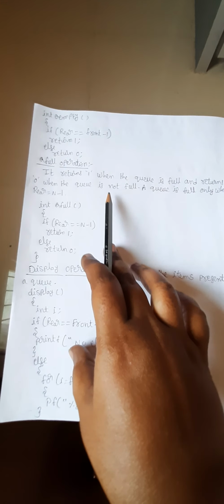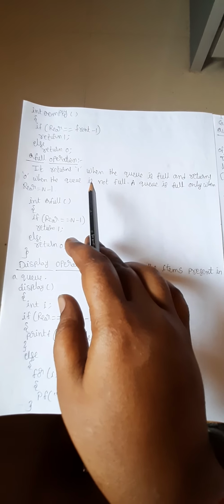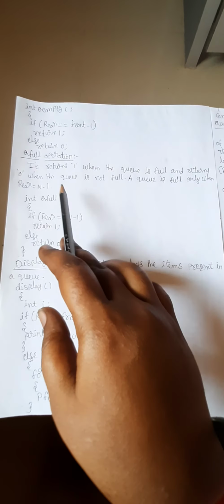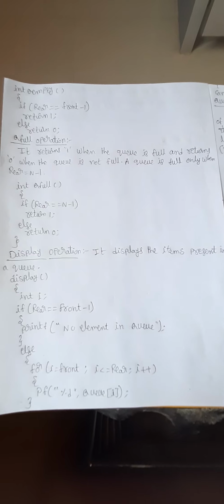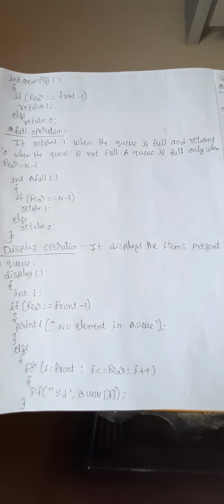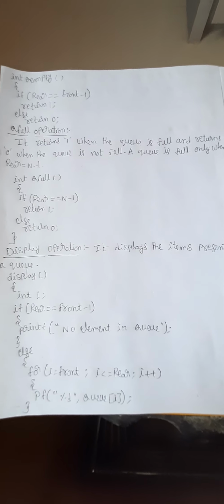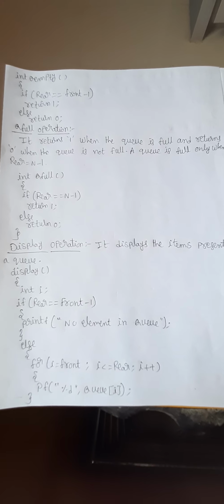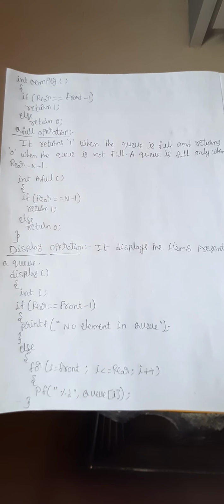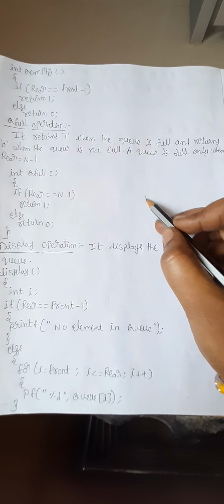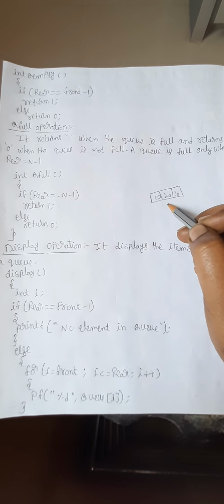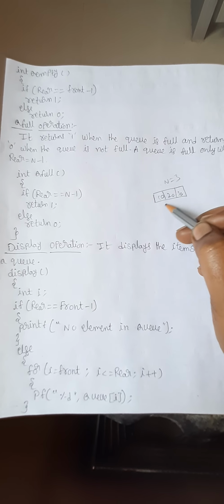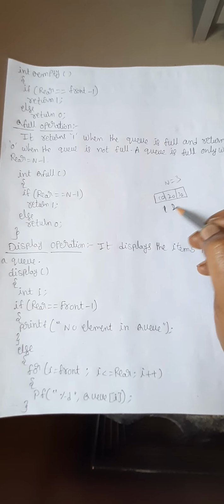And the q full operation returns 1 when the queue is full and returns 0 when the queue is not full. The queue is full when rear equals n minus 1. For example, here we have given only 3 elements and n equals 3, positions 0, 1, 2, or else 1, 2, 3.